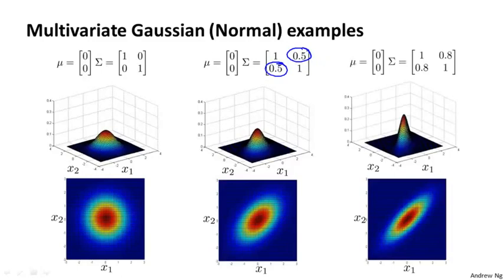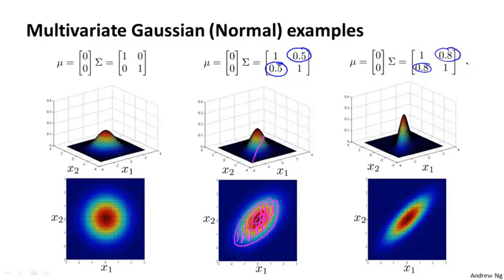And so as I increase the off-diagonal entries from 0.5 to 0.8, what I get is a distribution that's more and more thinly peaked along this x equals y line. Here the contour says that x and y tend to grow together, and the things with large probability are if either x1 is large and x2 is large, or x1 is small and x2 is small, or somewhere in between.